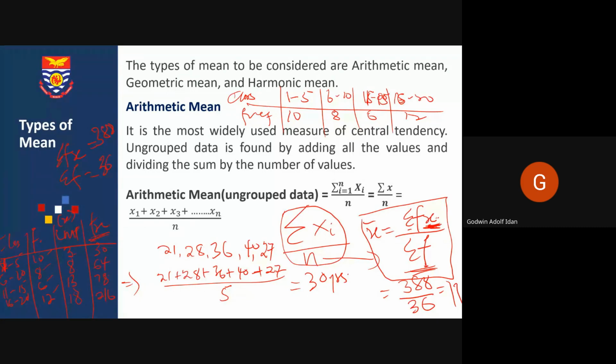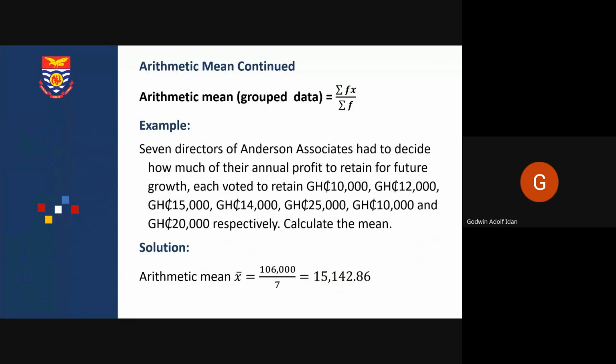Yes, so this is how we compute the arithmetic mean for both grouped and ungrouped data. Now let's move to this example. You want to know the average of this illustration.